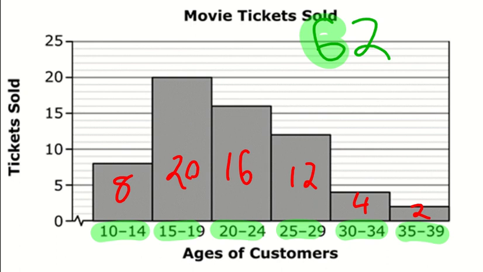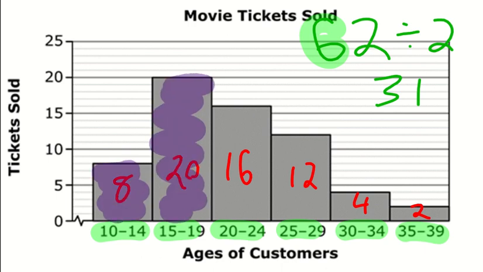If I cut that in half, that gives me 31. So I want to find where my 31s meet. So right there's 8. Plus this column makes 28. That means I would need 3 more. So they're going to meet in that column. That means the interval would be 20 to 24. That makes sense?